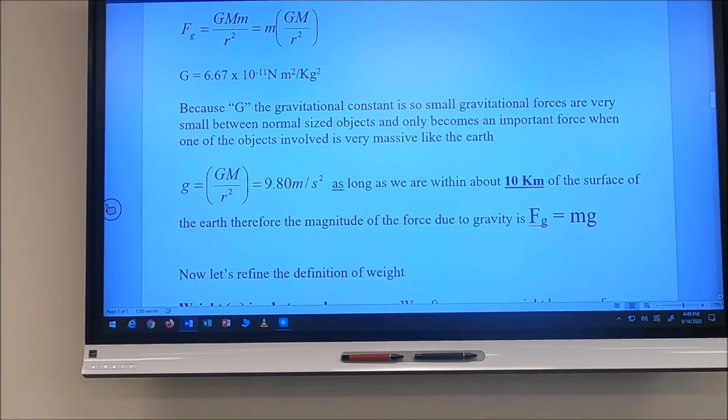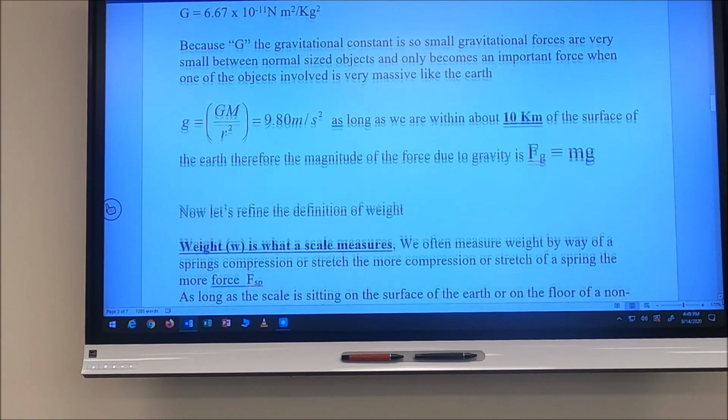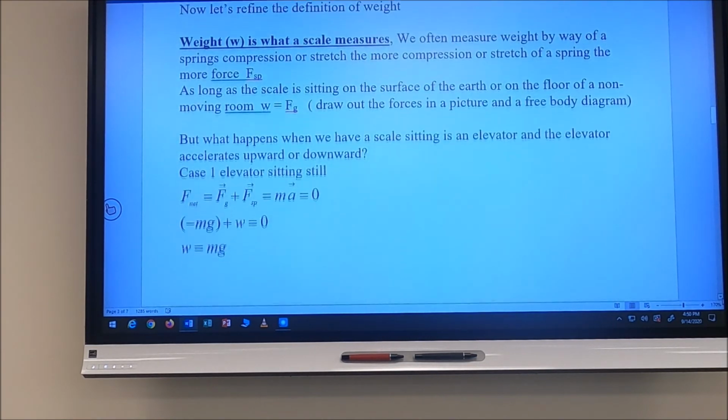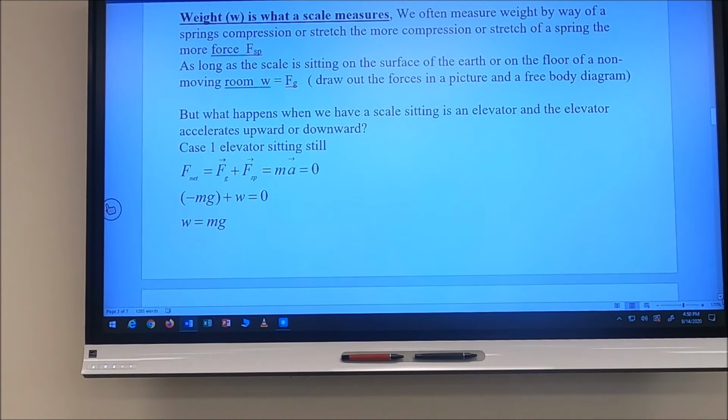Okay? So let's define weight. I know I defined it last chapter, but here we go again. Weight W is what a scale measures, or what a scale reads. Okay, as long as we are sitting on the surface of the Earth, or we're sitting in a building, we're not moving up, we're not moving down, okay, weight is going to equal force due to gravity.